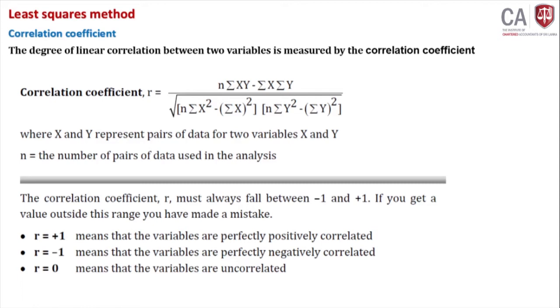N means the number of pairs. So you can see if r = +1, variables are perfectly correlated; r = -1, variables are perfectly negatively correlated; r = 0 means no correlation, uncorrelated.